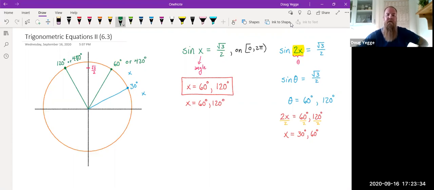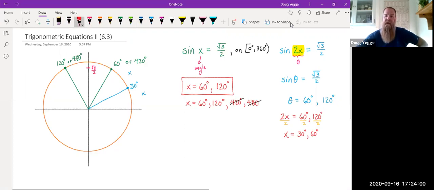And so notice that there's a couple other angles that are also going to give me the square root of 3 over 2. Now I wouldn't list these because notice that these two angles are beyond 0 to 2 pi, or rather 0 degrees to 360 degrees. So if we wanted the first rotation, that's why we wouldn't list these two angles.